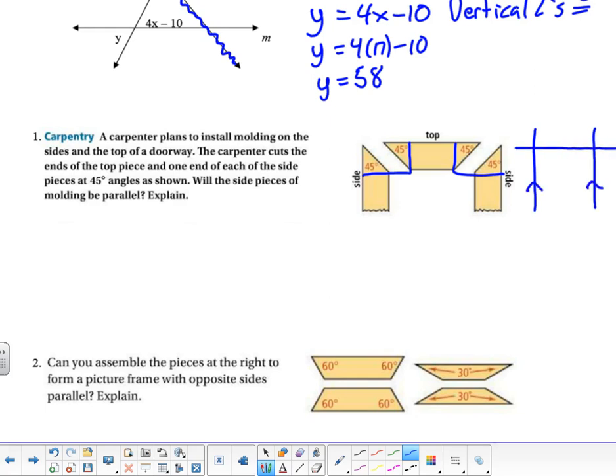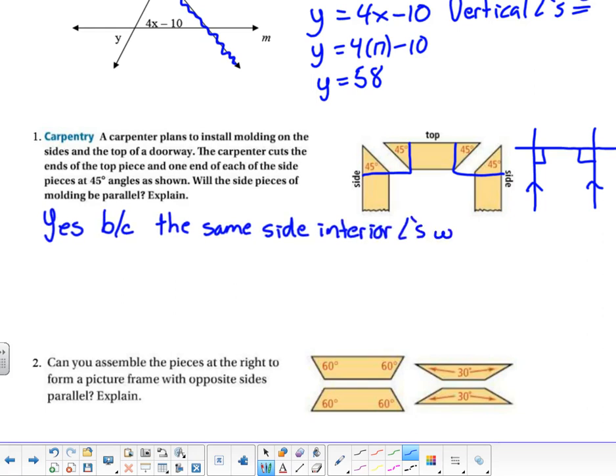And really what we're doing here is, here's our parallel lines. Will they be parallel? Well, if those two angles are both 90, that means they add up to 180, and therefore we have same side interior angles that are supplementary. So the answer to this question is yes, because the same side interior angles will be supplementary.